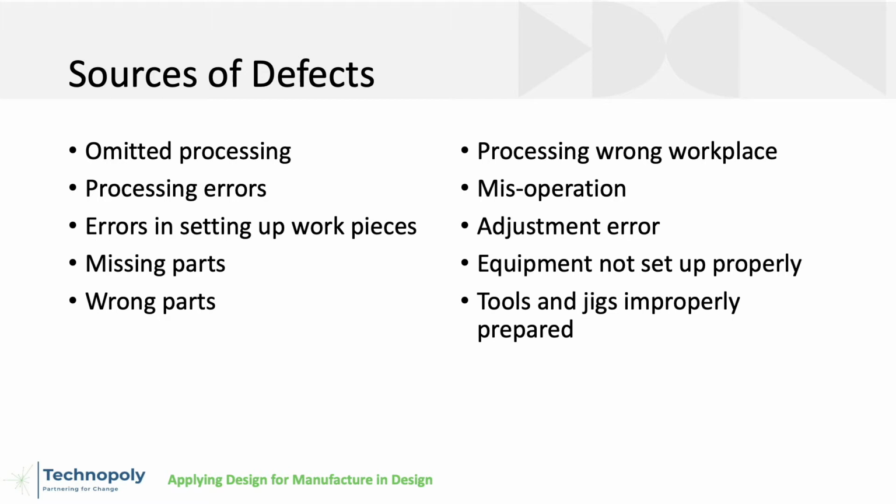Or maybe the processing was done in the wrong place or in the wrong form. There could be a misoperation, where the way the work was done is totally wrong. There could be some adjustment error, or maybe the equipment being used is not set up properly, or the tools and jigs used are not sufficient for the work to be done.